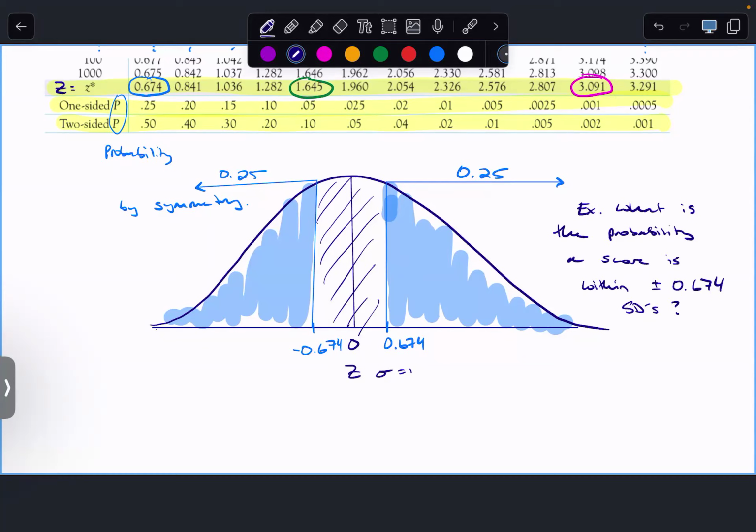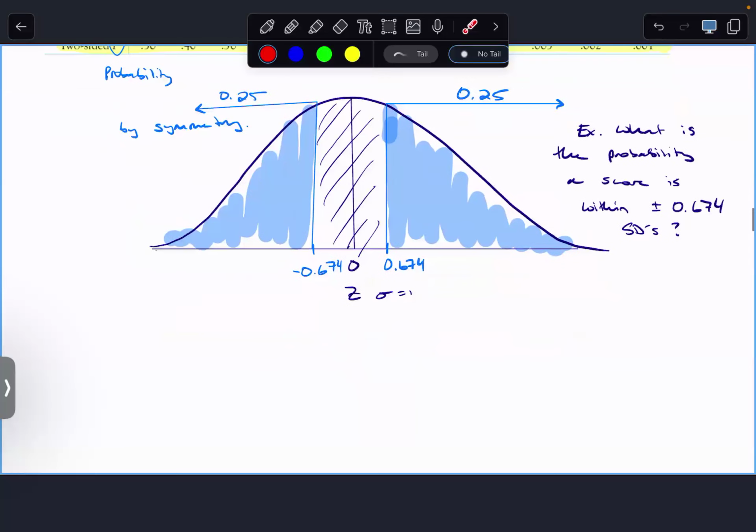How would you find that? You could say, well, I know the total area is 1. And what if I lob off this 0.25 as well as this 0.25, I'm left with the area that I want, right?